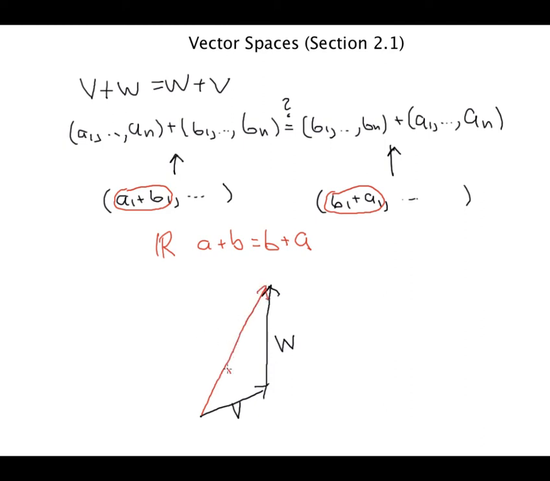That's v plus w. On the other hand, if you added them in the other order, you would first do w, and then do v, and that's the vector w plus v, and since they both wind up in the same point here, that says that v plus w is equal to w plus v.